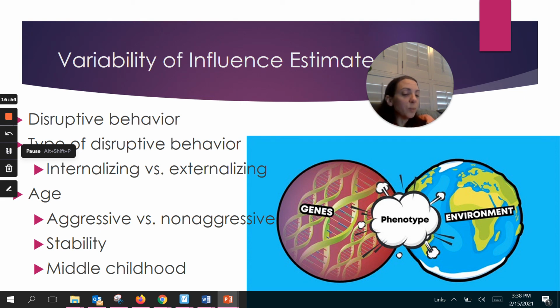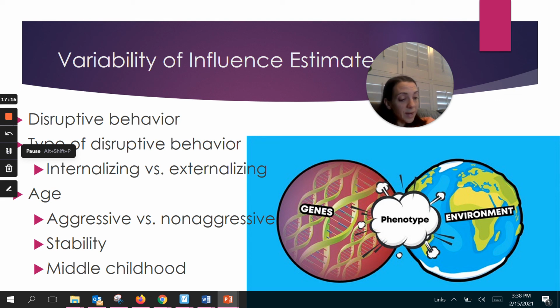And age also plays a large role. Genetic and non-shared environmental influences increase from adolescence to adulthood, whereas shared environmental influences decrease.